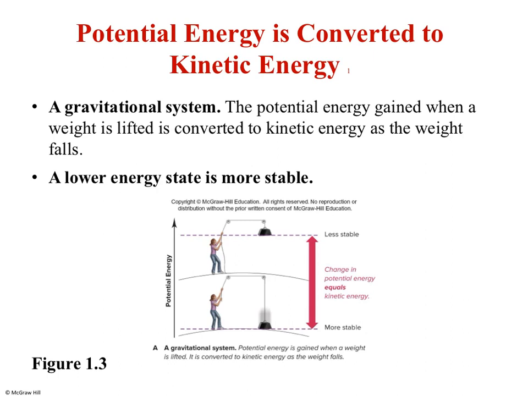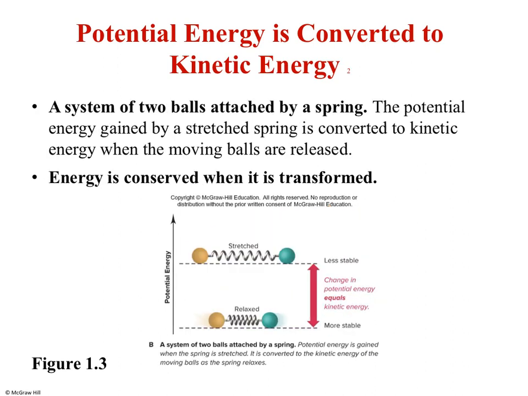A physical way of looking at this is if something is up high and then it falls down, this is your potential energy because it has height. And then it goes down, it has turned into kinetic energy. And so that's the conversion of energy.